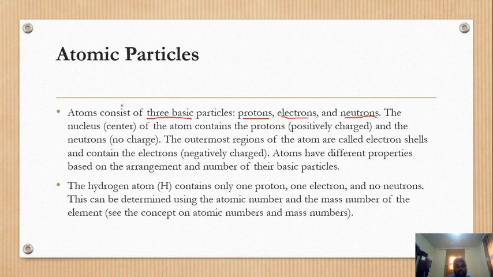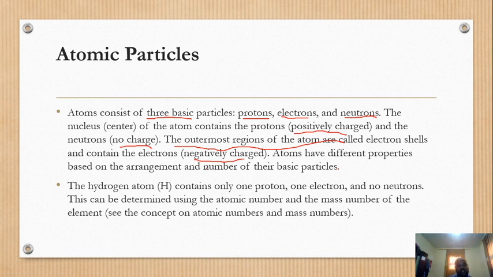The nucleus, which is at the center of the atom, contains the protons, which are positively charged, and the neutrons, which do not have charge. The outermost regions of the atoms are called electron shells and contain the electrons, which are negatively charged. Atoms have different properties based on the arrangement and the number of their basic particles. Yes. Each atom has different properties.